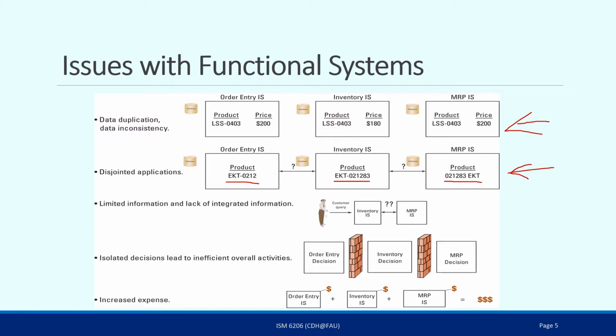You have to know how the product number is recorded in each system in order to get access to the data. So both of these will create problems such as the lack of integration and the lack of visibility to the whole company performance. So the functional systems, when you take the company as a whole, may not be the best solution to manage the company operation.